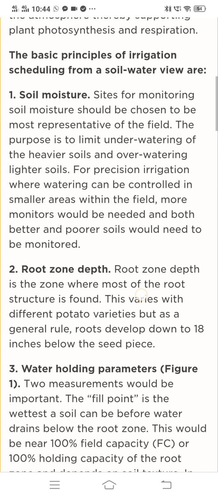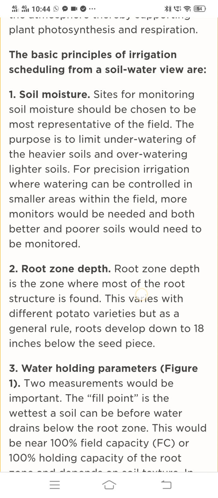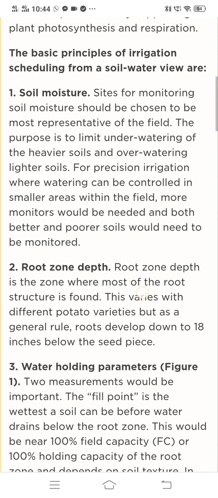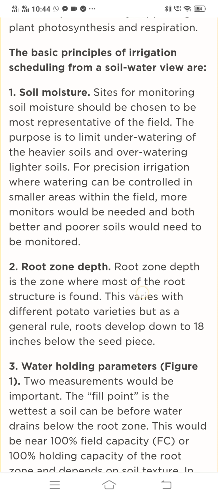So we have to choose different sites for taking samples to know the soil's moisture content. This is very important to know to schedule the irrigation. How much water is needed by the soil is depicted by the soil moisture content.